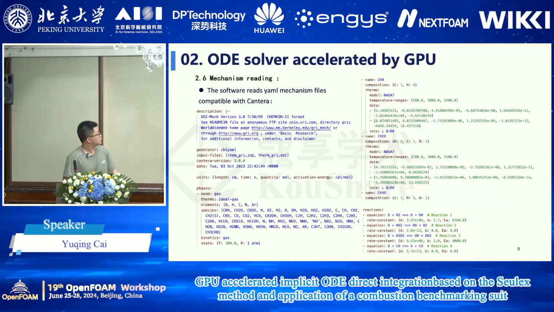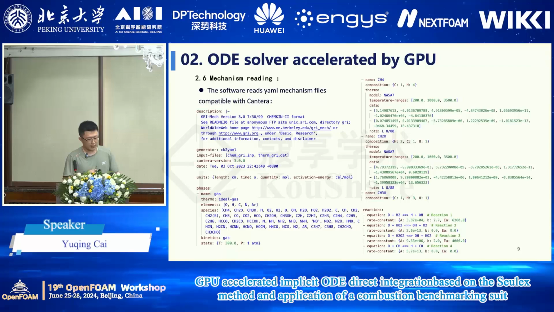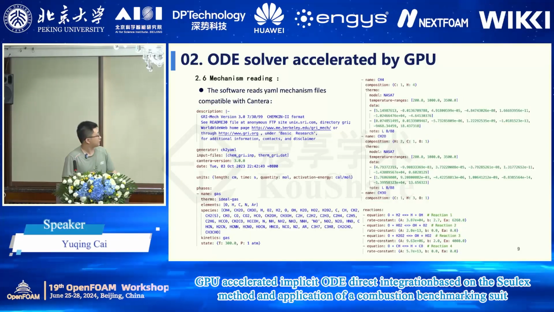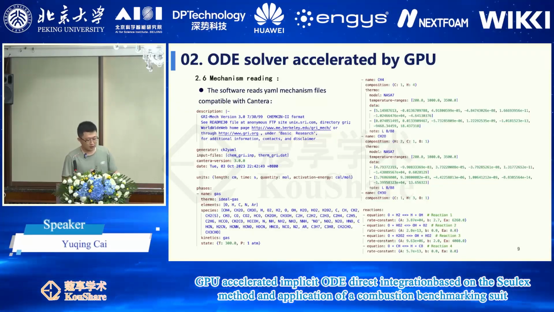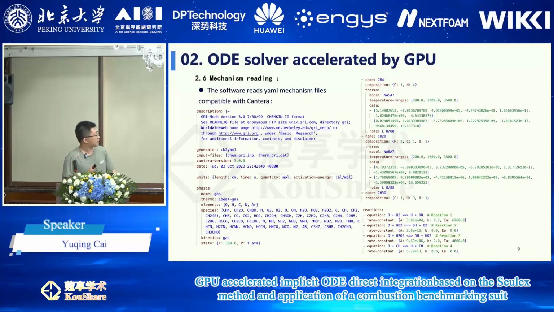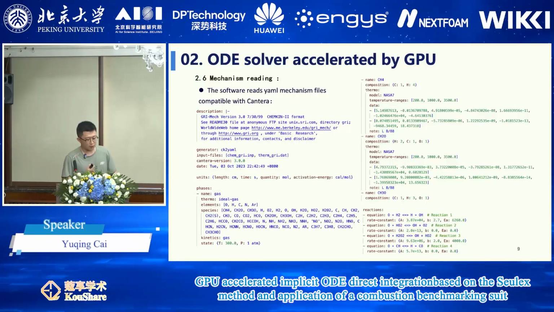Well, we have used the YAML file as the mechanism reading because the YAML file, as we can see, is very friendly for humans. And Cantera also uses the YAML file, so our package is compatible with Cantera.